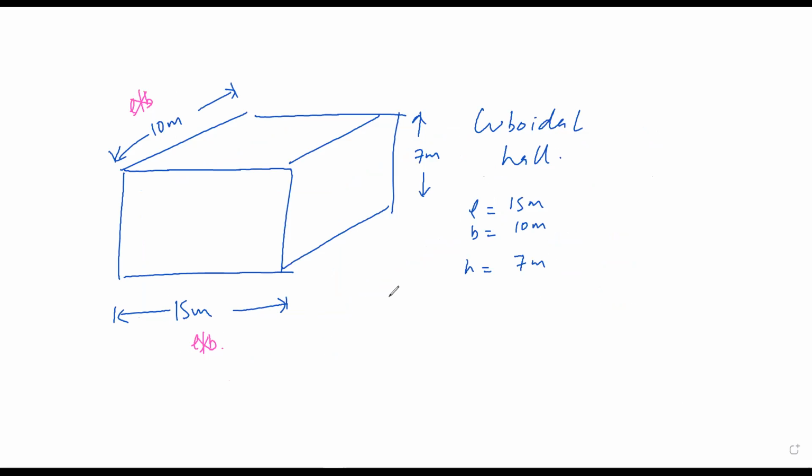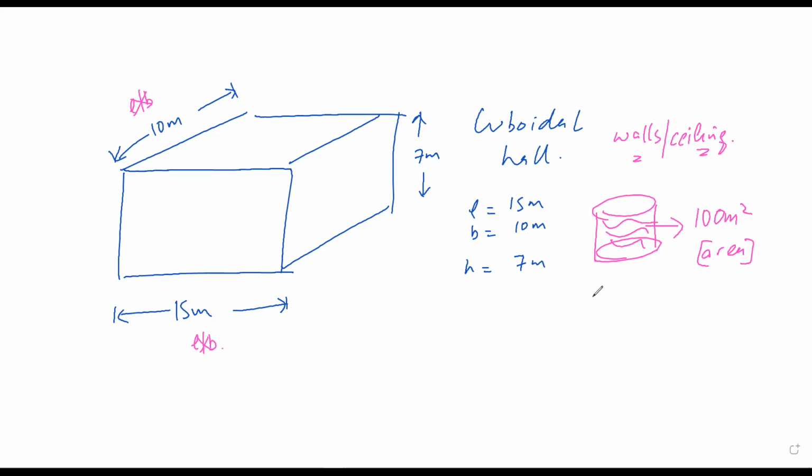Okay. Now what he is saying is that you need to paint the walls and the ceiling. And what he is saying is that you'll require paint, and this can is good for 100 meter square of area to be painted.